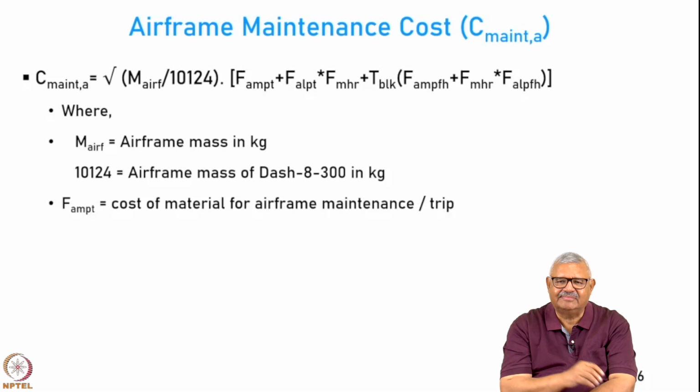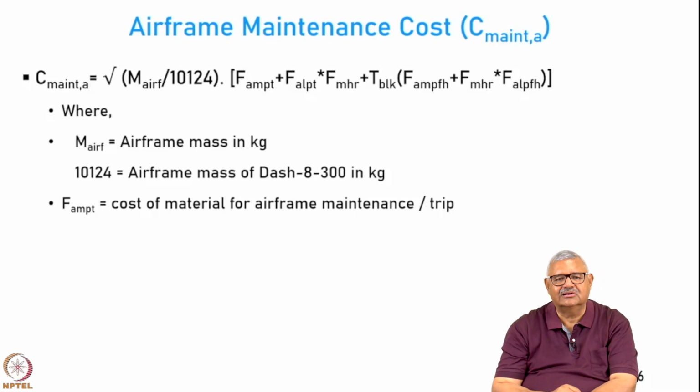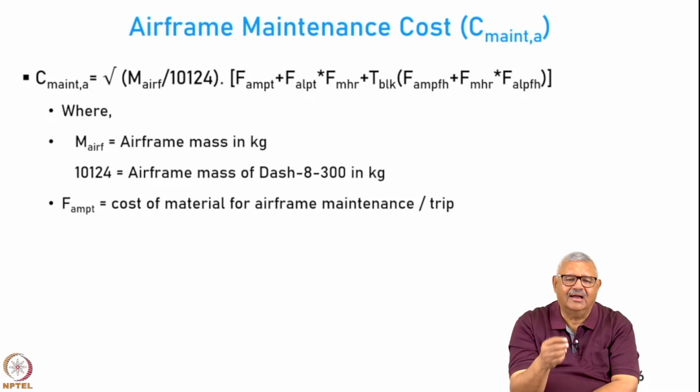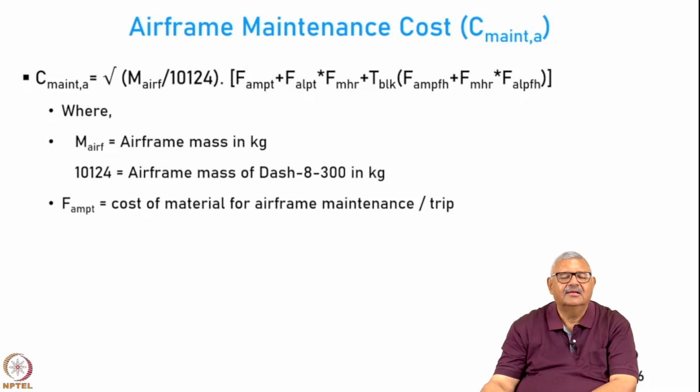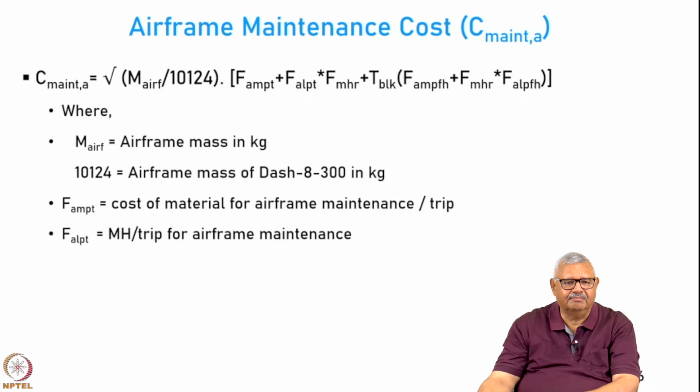In this particular expression, there are many factors. FAMPT is the cost of airframe material for maintenance per trip. So, every trip that you incur, some amount of money is required for the material that is utilized. This could also be oil, it could be other items. Anything that you have to buy and use and replace or change per trip, or over a few trips, is FAMPT.